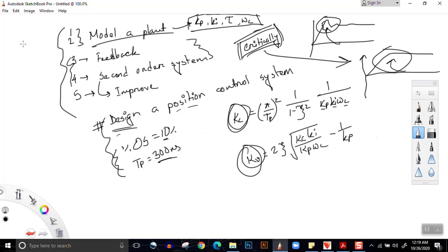Suppose we are designing a lift and we introduce an overshoot of 10%. That much jerking is acceptable to the people riding the lift. If the jerking is 30%, it would be very scary and not acceptable. But 10% is not a problem for us, and it will give a good speed response.